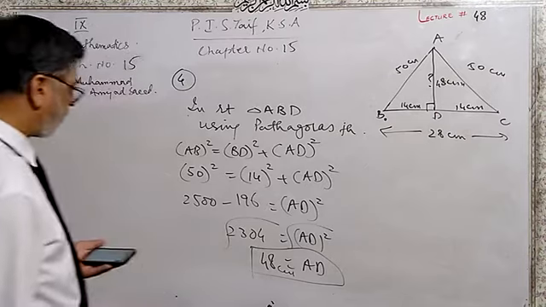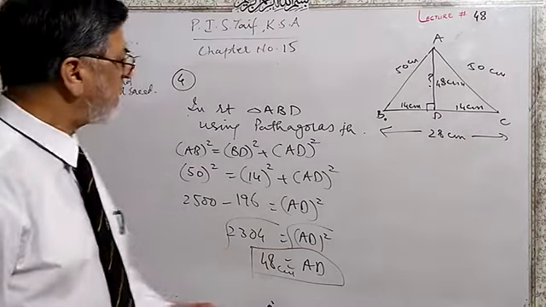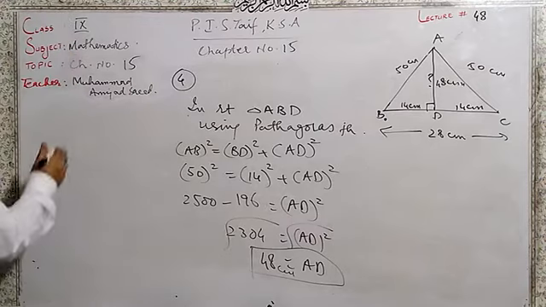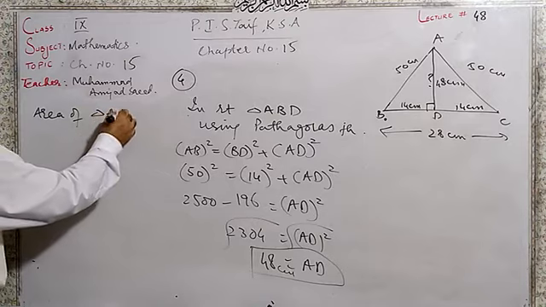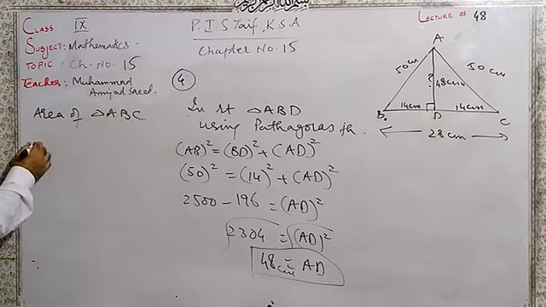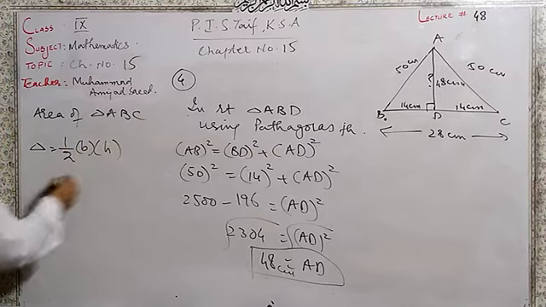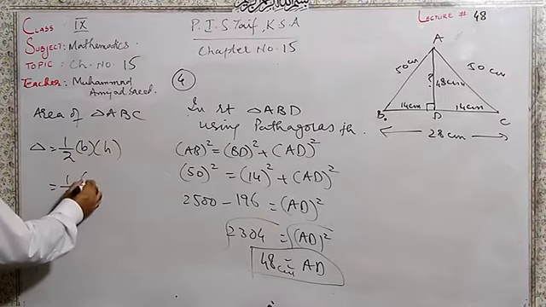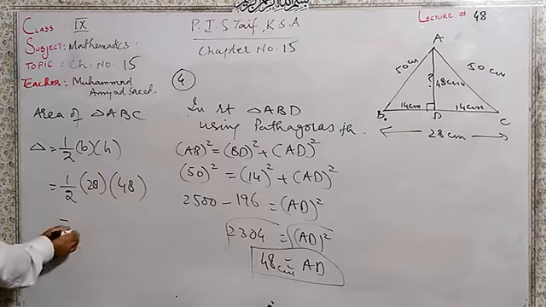Yes, 2304, 48 centimeter. Dear students, after that, the second thing was the area of triangle ABC. Remember that area is equal to half base into height. One over 2, base is 28, height is 48.